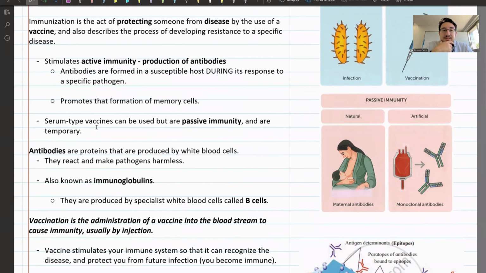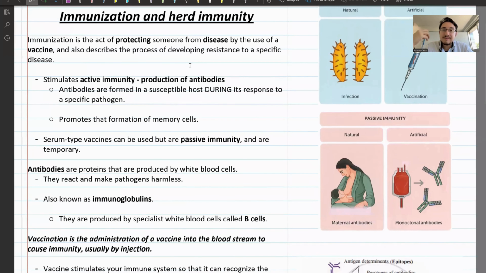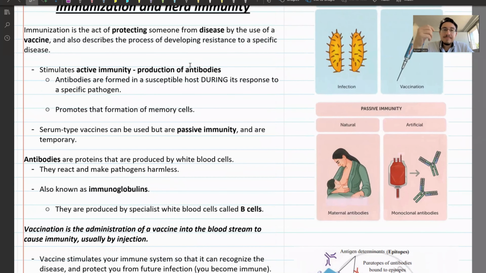Vaccinations stimulate something called active immunity. Active immunity means that your immune system is producing antibodies. Antibodies are proteins that can come in and actually fight and neutralize a certain pathogen. This happens with our different types of immune cells.